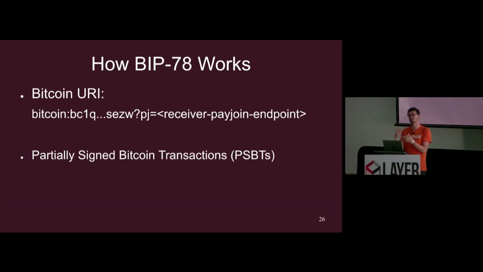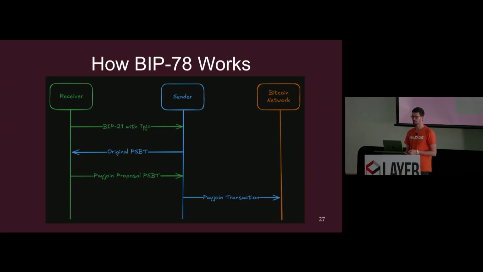It communicates to the sender where they should send the transactions, right? It also makes use of partially signed Bitcoin transactions, or PSBTs, to allow the receiver to modify the transaction that the sender proposes to them.